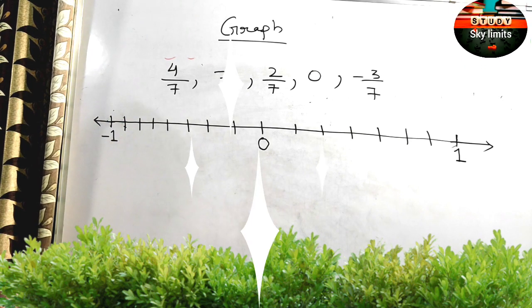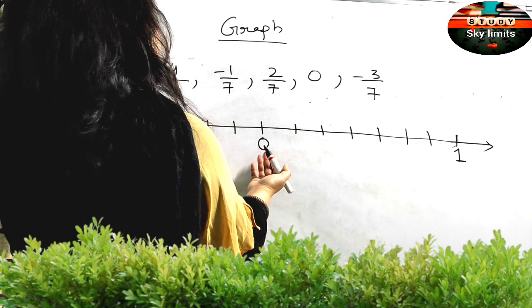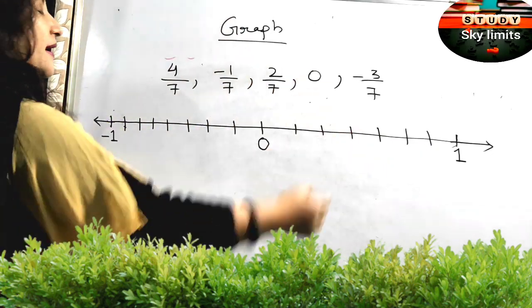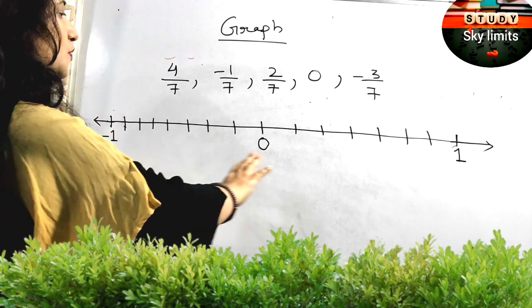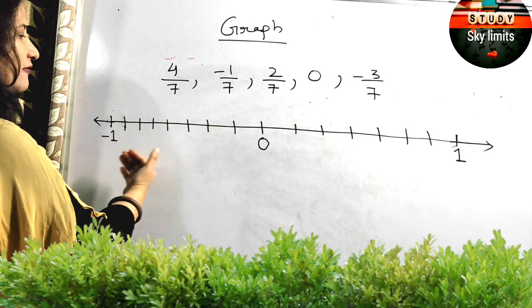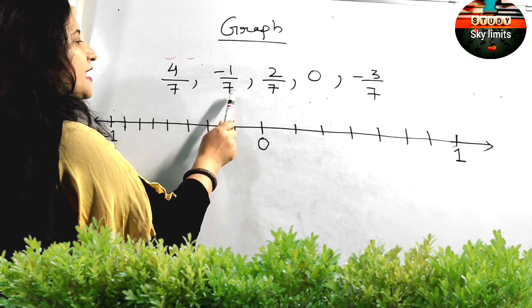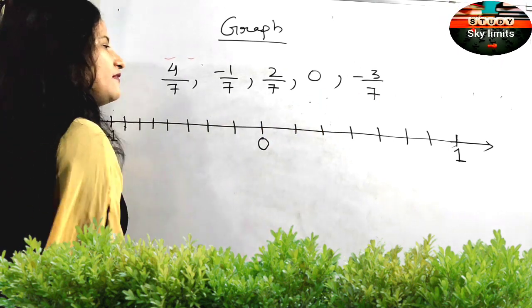So you know that after 0, towards the right direction you have 1, and towards the left you have minus 1. Yes or no? So based on the denominator, you divide into 7 equal parts.